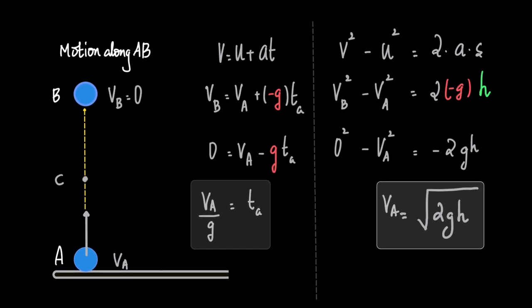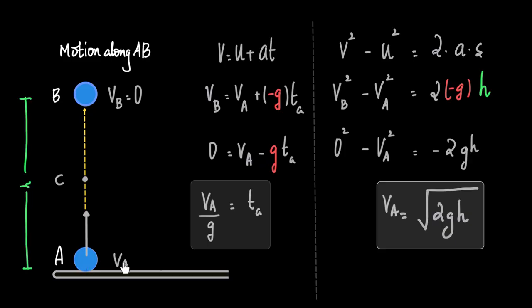So for this motion along AB through C, where C is at a height h by 3, well, we don't need that point here, so I have not marked it. Along AB, the distance between A and B is h.